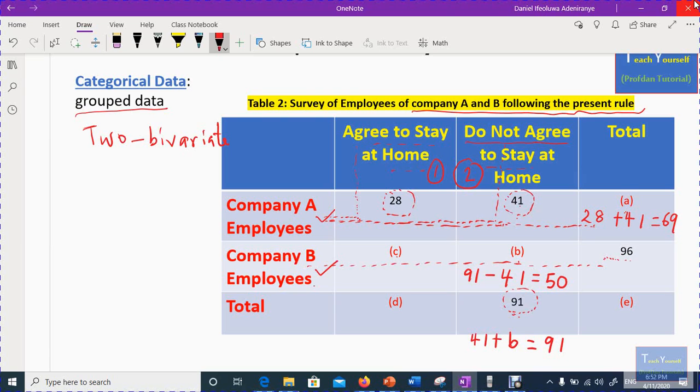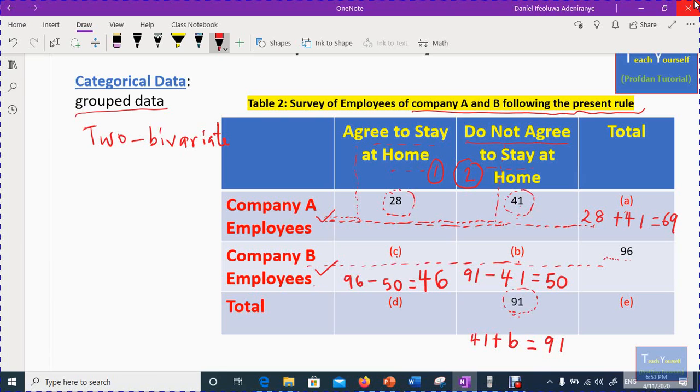If you know all the information on the row, that is this B, and we know the total 96, then we can get C. Simply, it's going to be the total number 96 minus the one we know here, do not agree to stay at home, 50. And that is going to give us 46. So 46 employees of company B agree to stay at home. And quickly check, 46 plus 50 is going to give you 96.